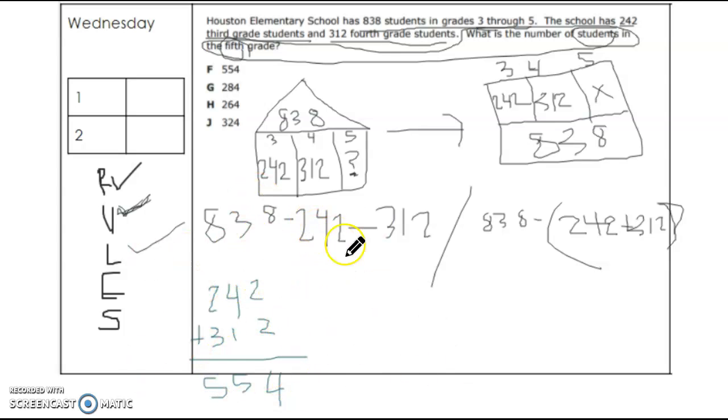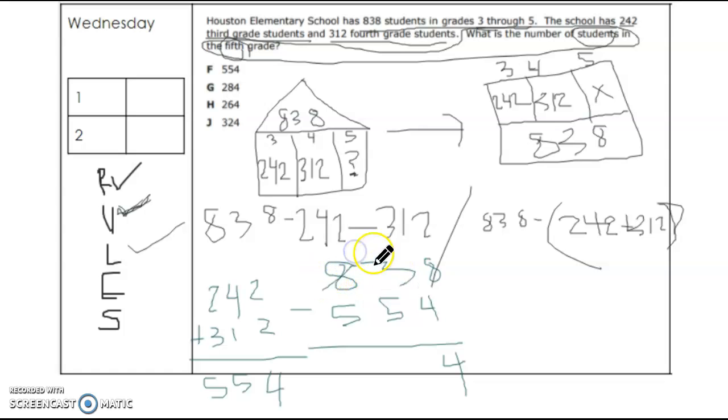Now I need to subtract that from the total number of students that are there, so I know how many fifth graders there are. So 838 minus 554. Okay, my place values are all lined up. I'm going to start in the ones place once again. 8 minus 4 is 4. 3 minus 5. Skirt! You can't do that. So I have to regroup.